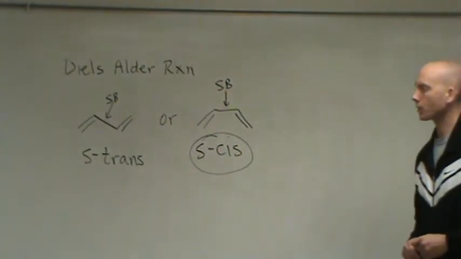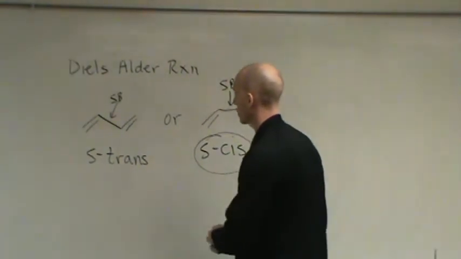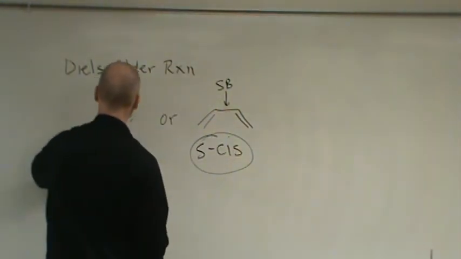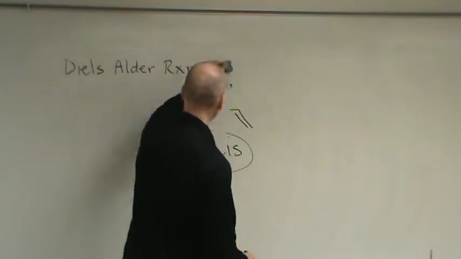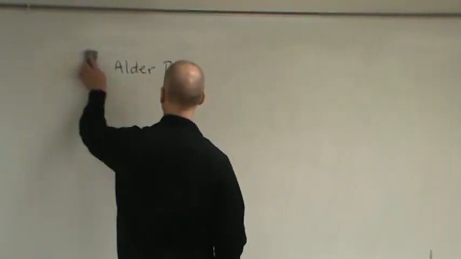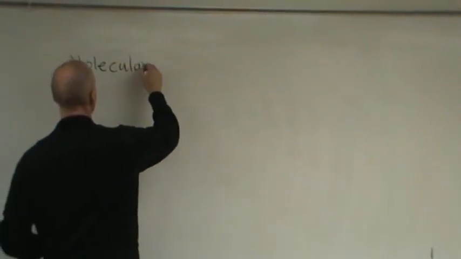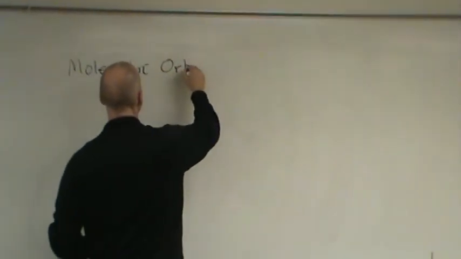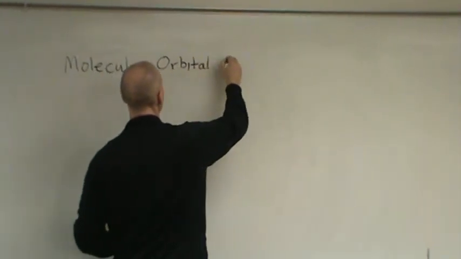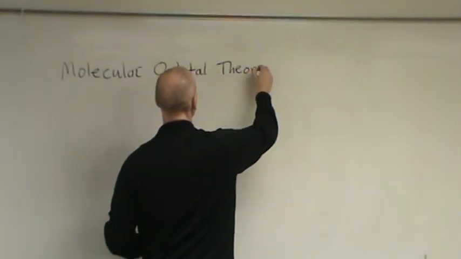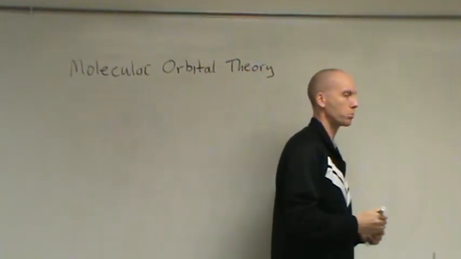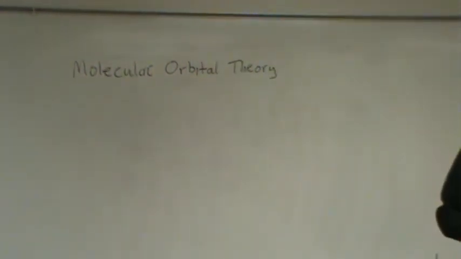What we're going to turn our attention to now is a totally different topic in this chapter. Here what we're going to look at is not really a reaction, but is more theoretical in nature.